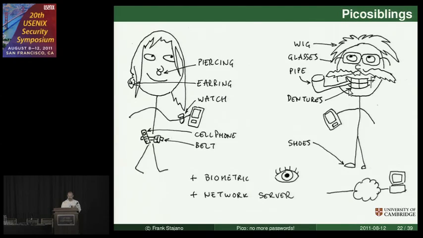So each of these things has some kind of embedded small short-range radio magic which can be interacting bidirectionally with the Pico, and I'll have something to say about the protocol that these entities should follow.